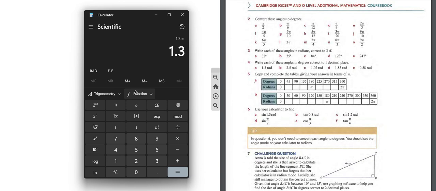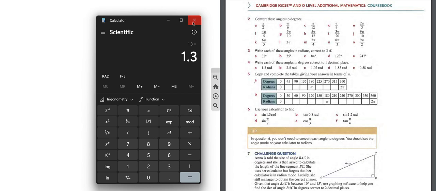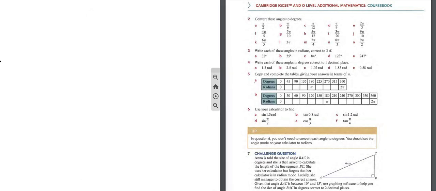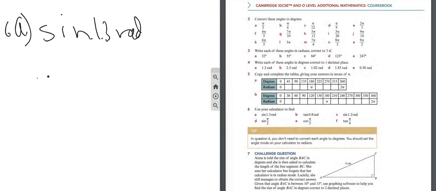That gives you radians. Sine 1.3 is equal to 0.9635. So this is not working, we'll close this. Sixth question, a part, sine 1.3 radians is equal to 0.96.